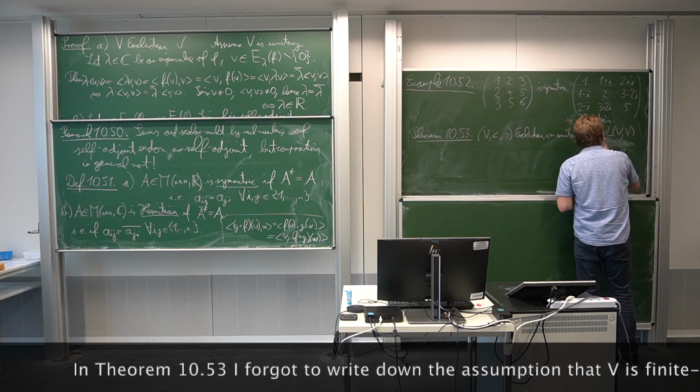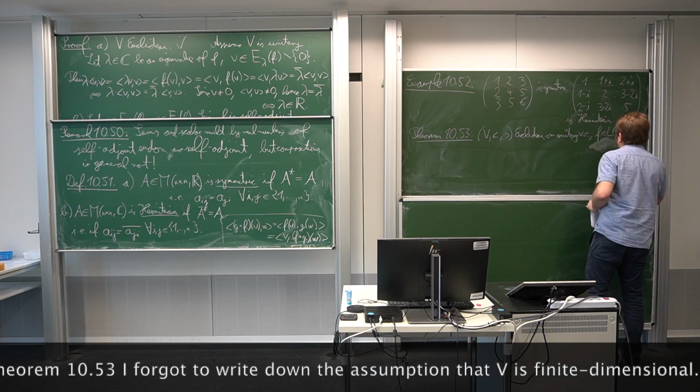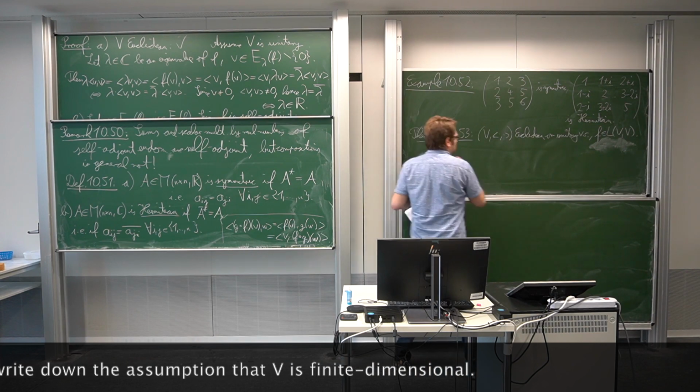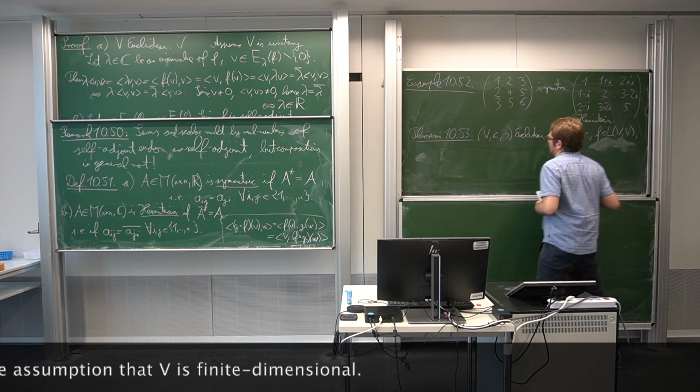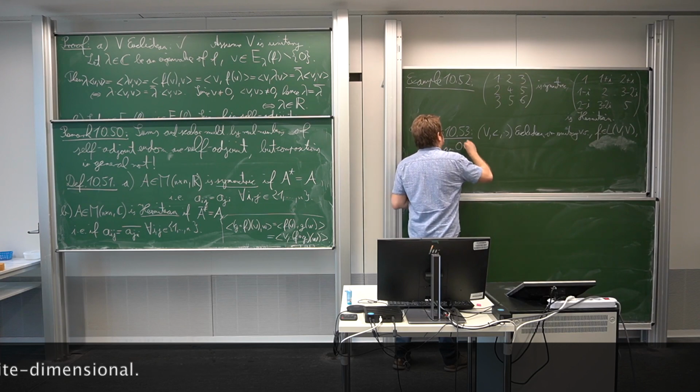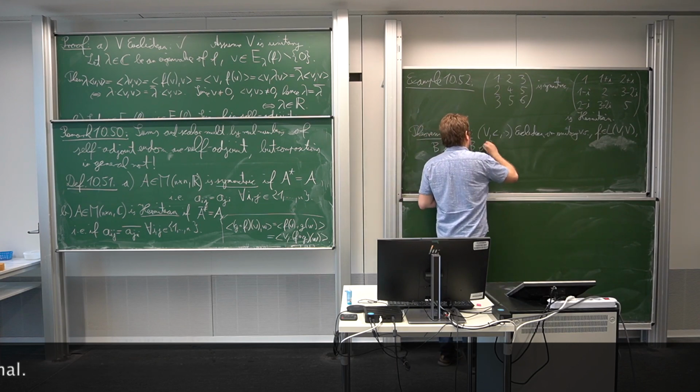It's not yet self-adjoint, that is part of the statements now. And one more thing, we need to choose B to be an orthonormal basis of V.